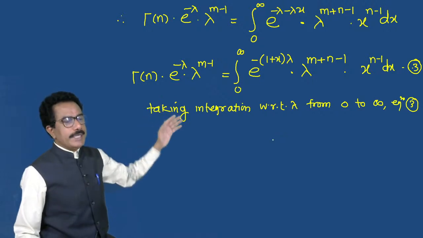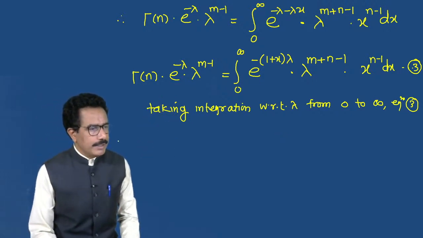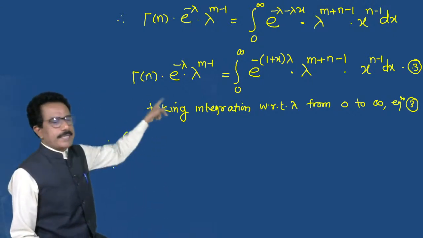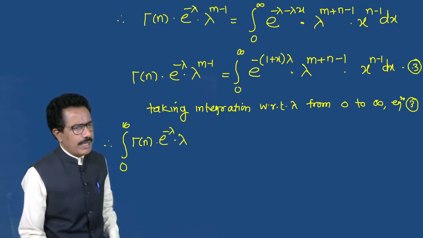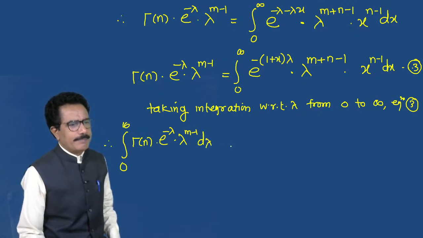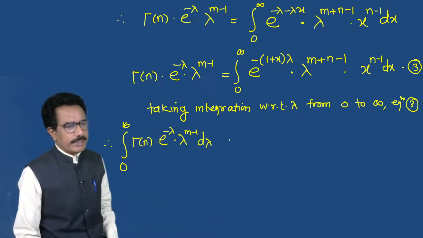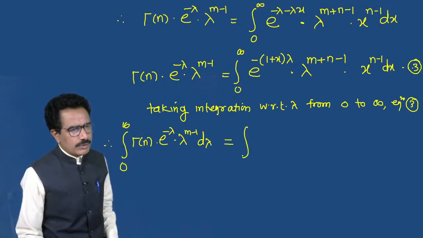Okay. So take the integration on both sides now. So we can take on the left side integral from 0 to infinity. So put this gamma n into e raised to minus lambda into lambda raised to m minus 1 d lambda. We have to take integration with respect to d lambda which is equals to this integral 0 to infinity.